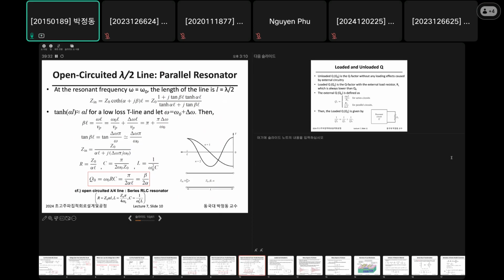So if you implement a short circuit with lambda wavelength length, is it a parallel resonator or series resonator? Again, if you want to implement the short-circuited transmission line with length lambda, is it a series network or parallel network?